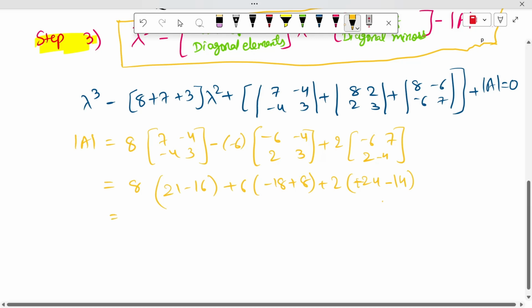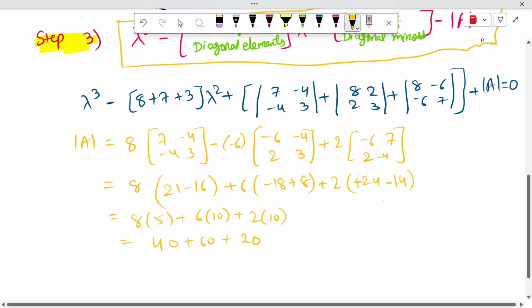So solving this we get 8 into 5, plus 6 into 10, plus 2 into 10, that is equal to 8 into 5, 40, plus 60, here plus 20.